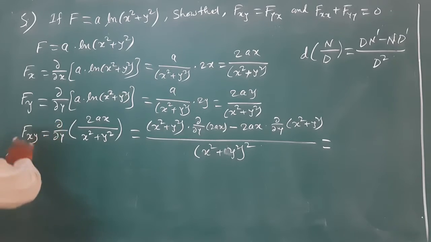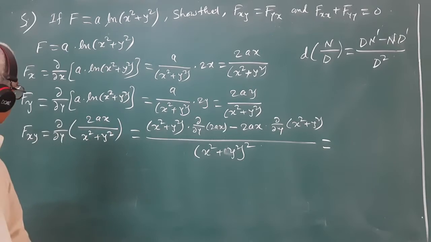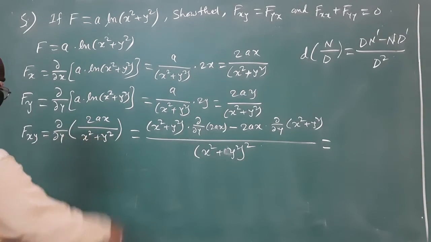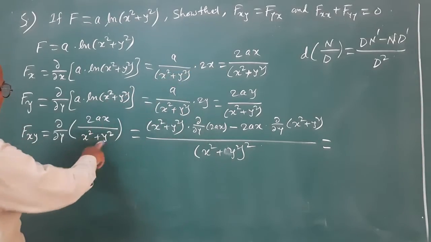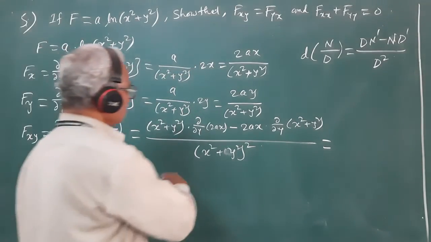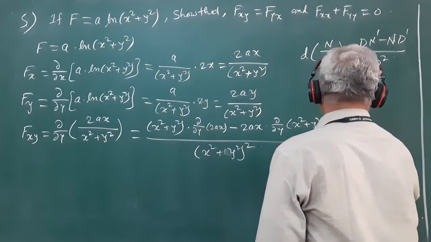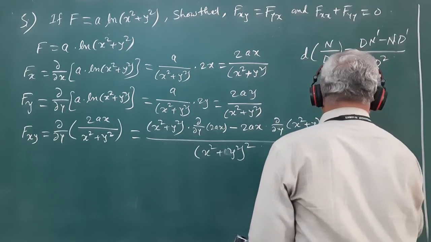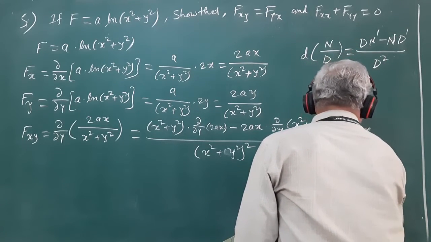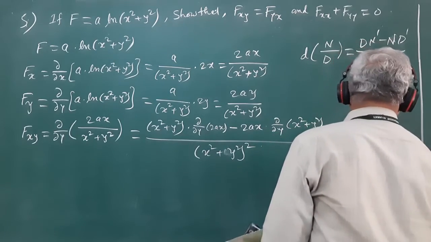That is dou by dou y of fx, and dou by dou y of fx is like this. So dou by dou y of fx is twice ax divided by x square plus y square. So this works out to be equal to minus twice ax divided by x square plus y square bracket square into 2y.